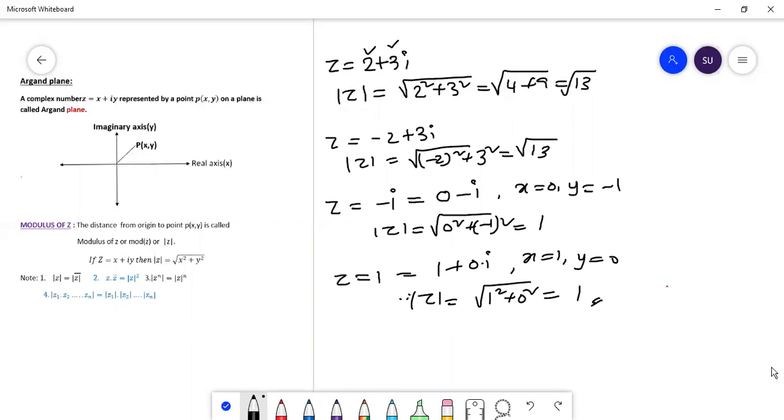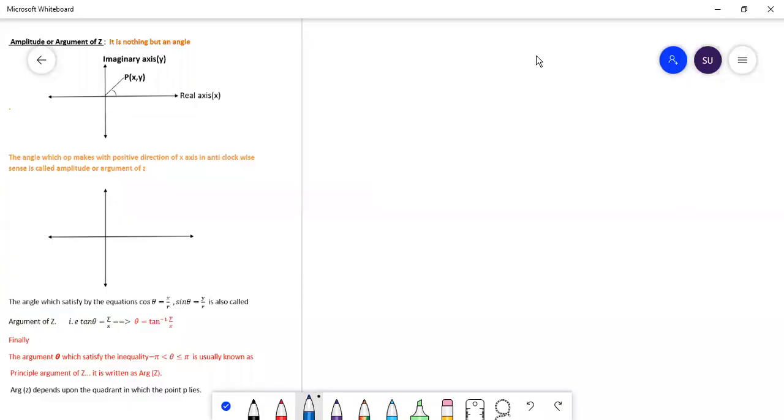These are some examples, and we will see some more examples after a few concepts. Next thing is the amplitude or argument of a complex number. Amplitude or argument, both are the same, only the terms differ.